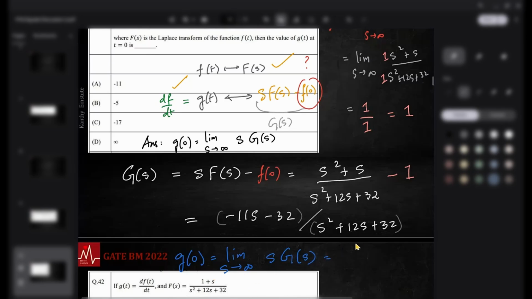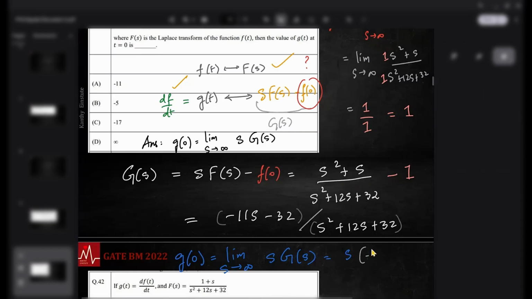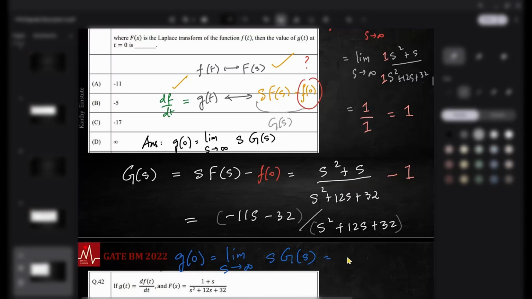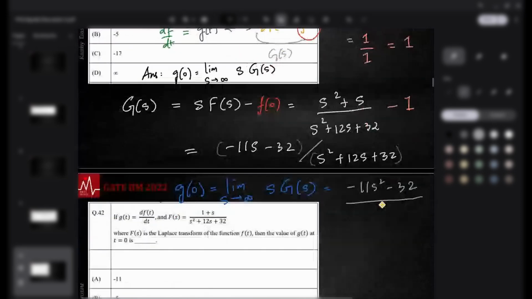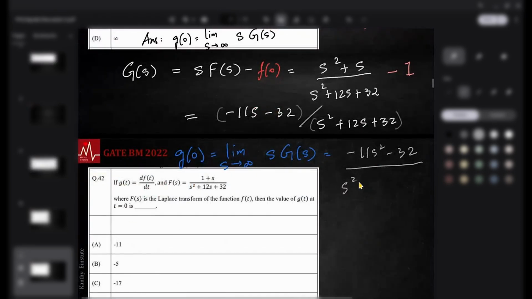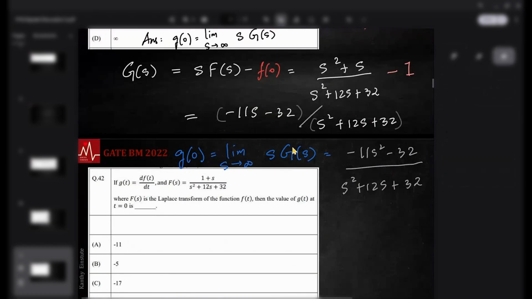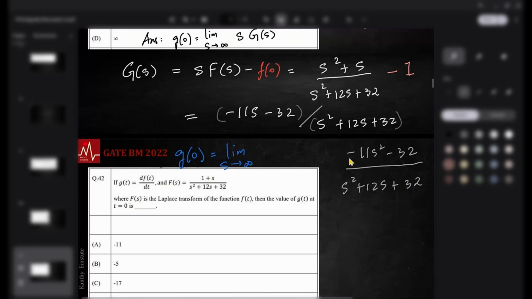Actually, let me simplify this: minus 11s square minus 32, by s square plus 12s plus 32, just tending to 0. Because there is an s here and then there is a G of s.